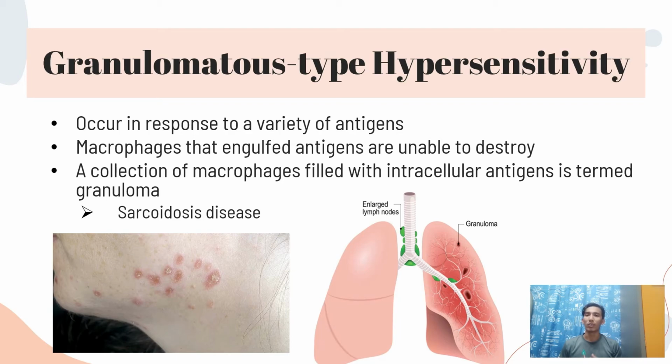One example of granulomatous disease is sarcoidosis, which is a systemic granulomatous disease of unknown cause with a wide variety of clinical presentations. Sometimes sarcoidosis is called reduced type 4 hypersensitivity due to the slow progression of this disease.